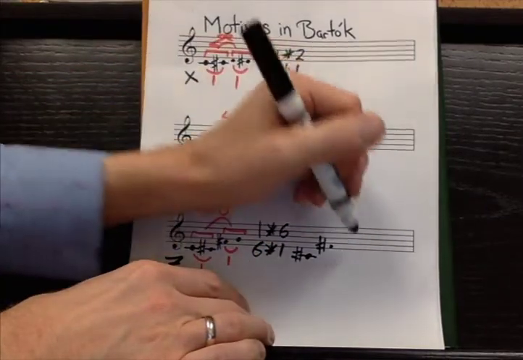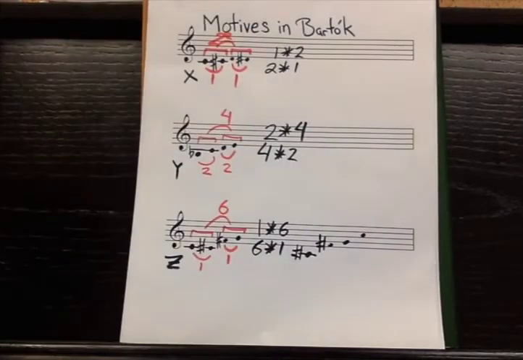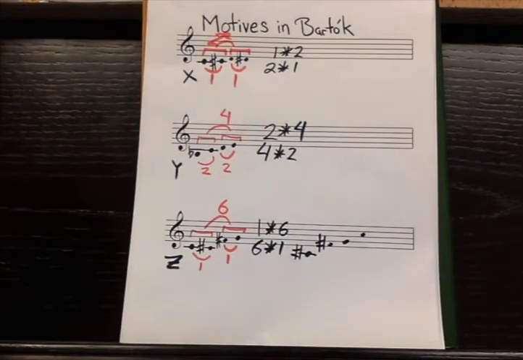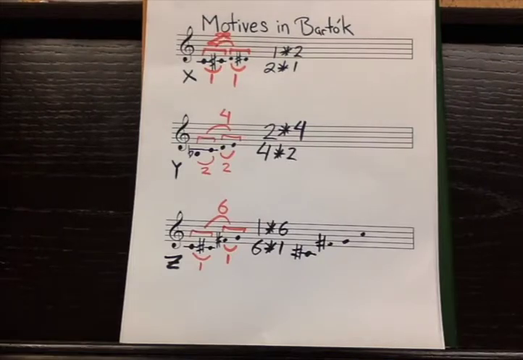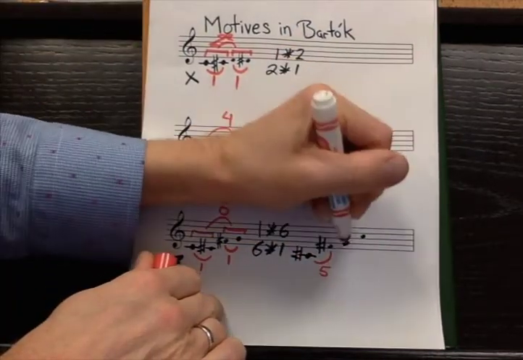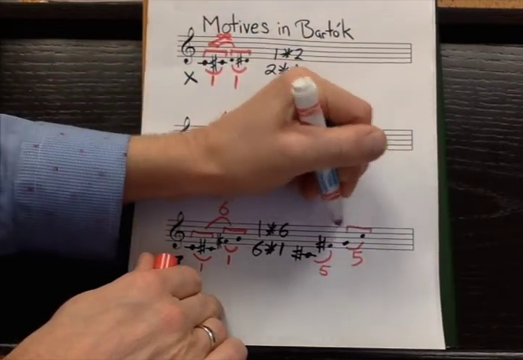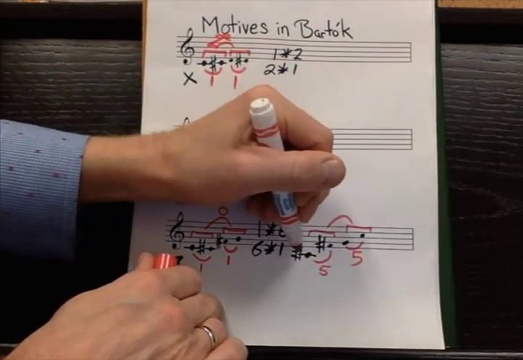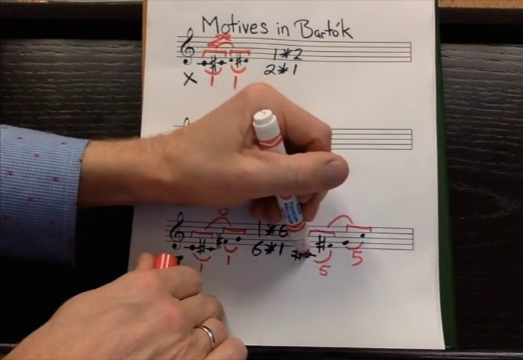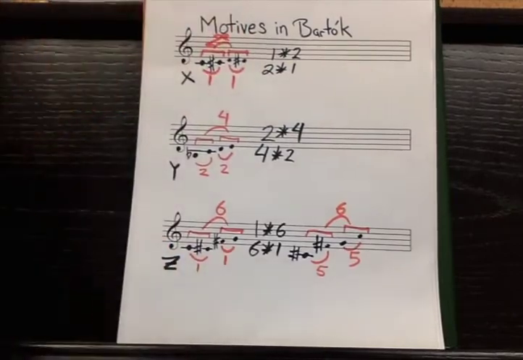And then if I rewrite the C and G as G and C, notice now that we have one perfect fourth here and another one here. Okay. So a perfect fourth is 5 semitones. Here's another 5 semitones. And they are separated, C sharp goes to G, F sharp goes to C, by 6 semitones.